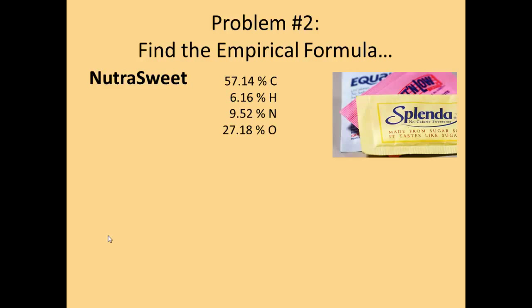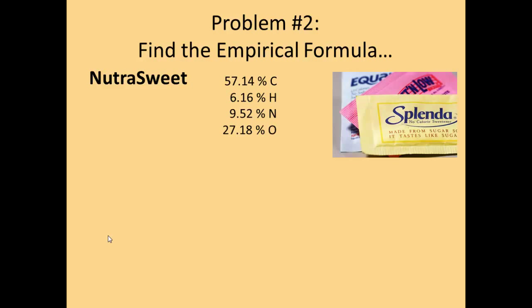Using those percent compositions, we'd like to find the empirical formula of NutraSweet. In the past problem, we were given grams of each element. Let's come up with a way to figure out how do you work with percent composition. Here's a trick that's really easy to do. Let's assume that we have a 100 gram mass of the NutraSweet.